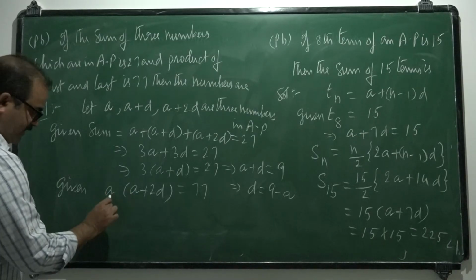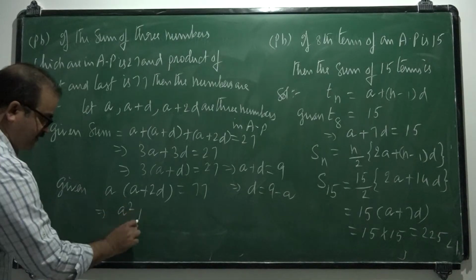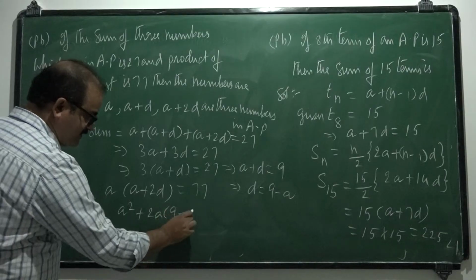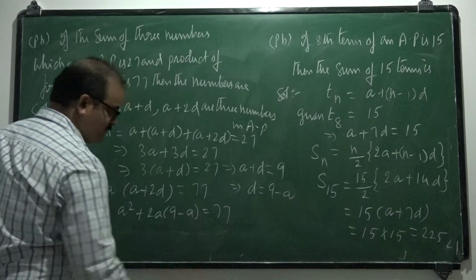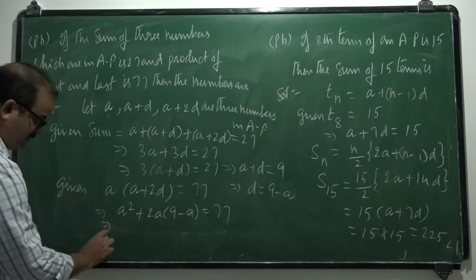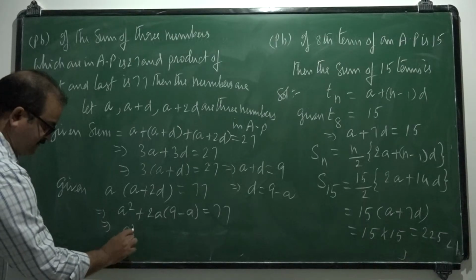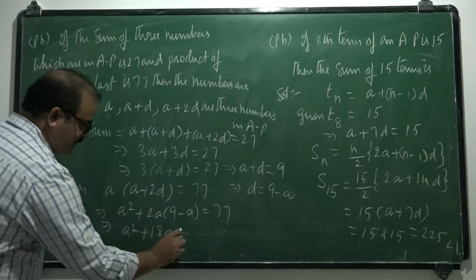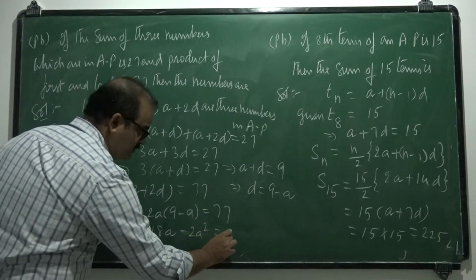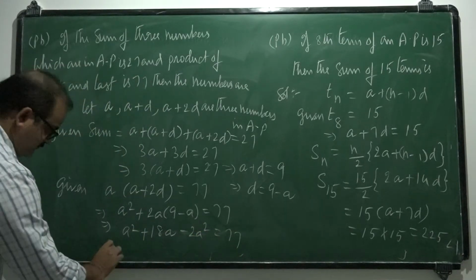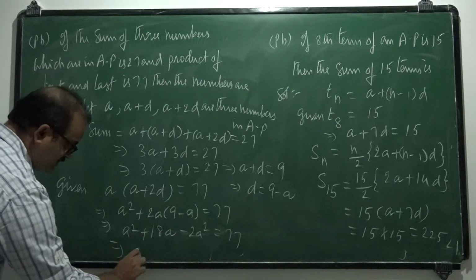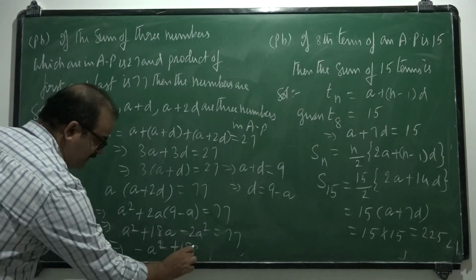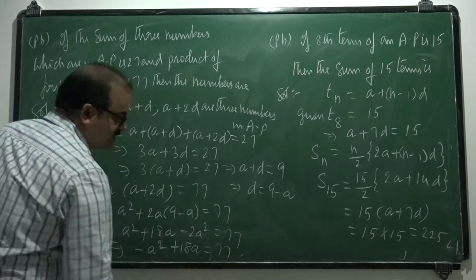Take this a into bracket: a into a plus 2d. Here d is taken as 9 minus a, is equal to 77. a square plus 18a minus 2a square is equal to 77. a square minus 2a square is minus a square, plus 18a is equal to 77.